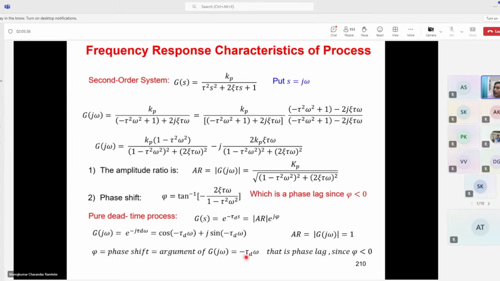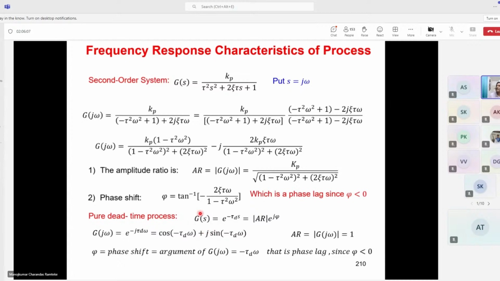This is the reason why you don't require a simplification of the exponential term when you are using a frequency response. You can directly represent this exponential term in the equations of the amplitude ratio and phase angle without simplifying. I will prove why this particular equation is important as we go ahead.